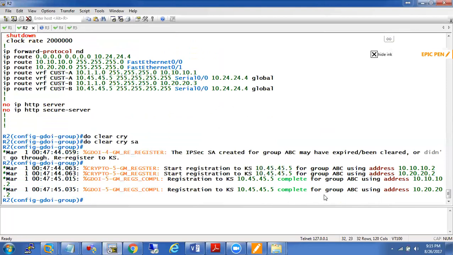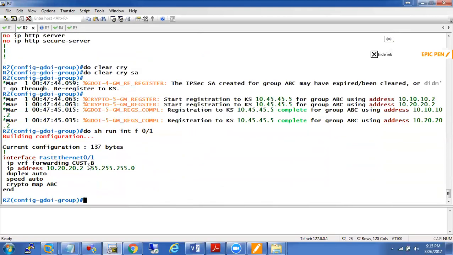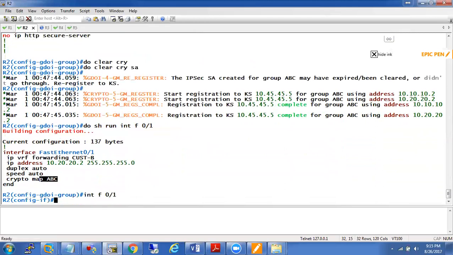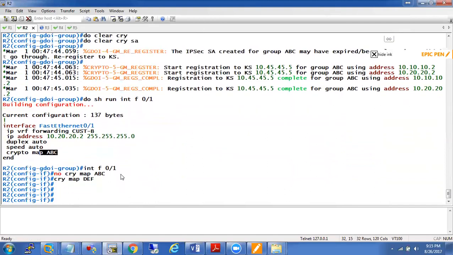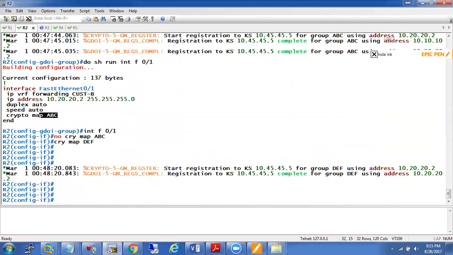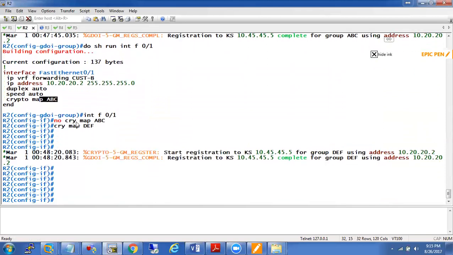Registration is group ABC on the second one. Oh, I know why. The perils of copy and paste. Now it's good.